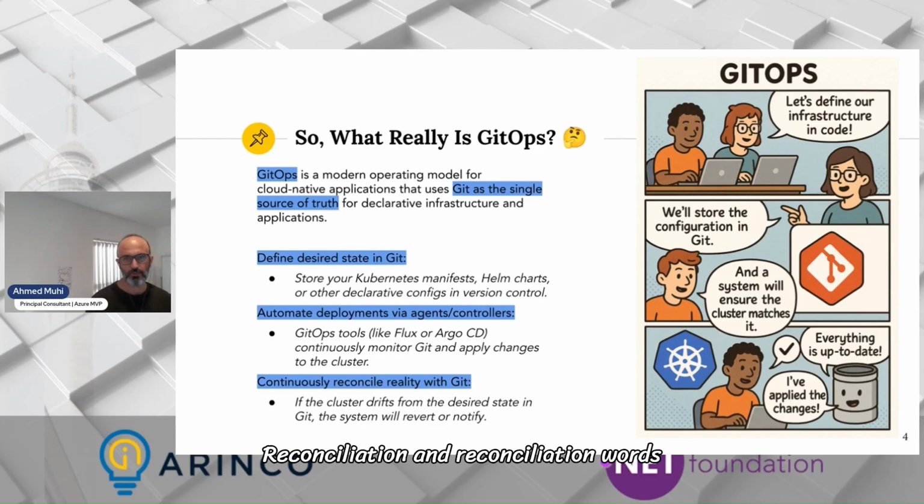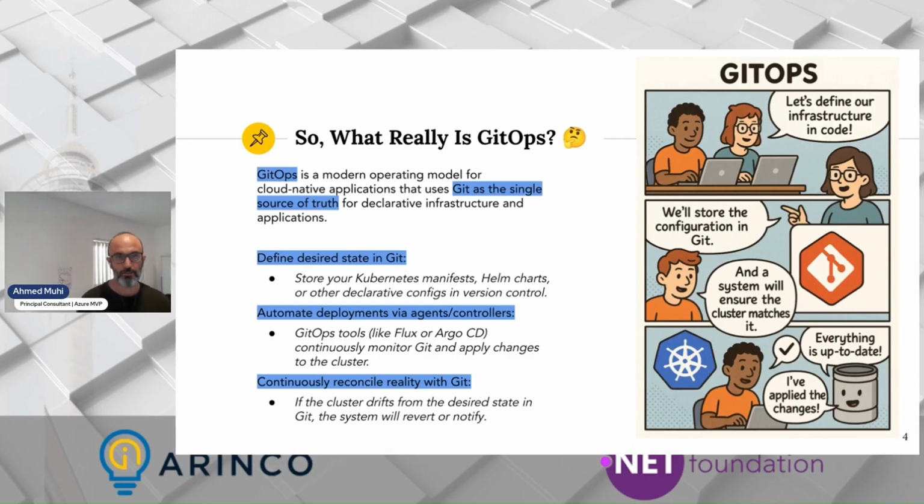And finally, GitOps is continuous reconciliation. The word reconciliation sounds a bit abstract. What it basically means is that you have an agent continuously looking at your Git repository, checking and syncing: is the desired state, whatever you told Kubernetes to provision for you, actually matching your current state? That is called reconciliation.